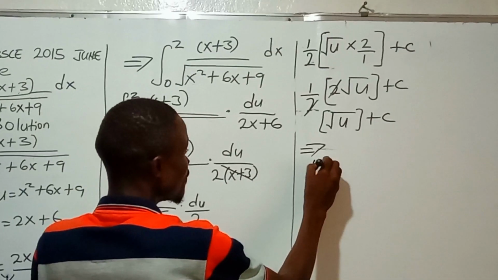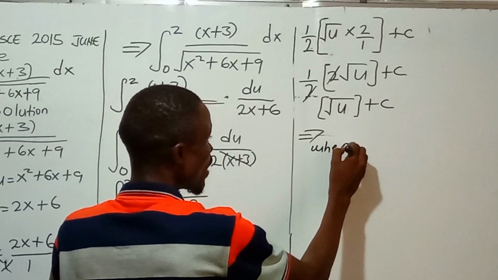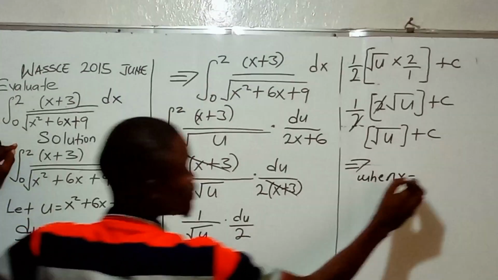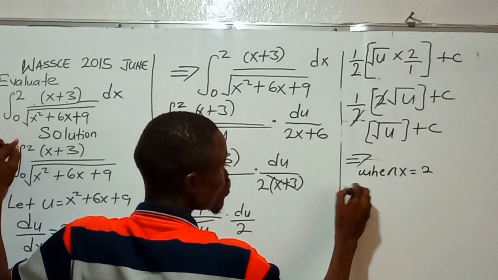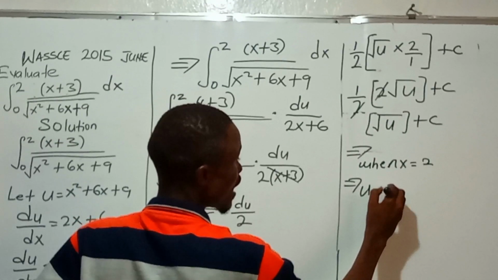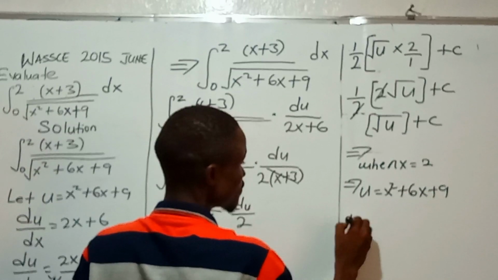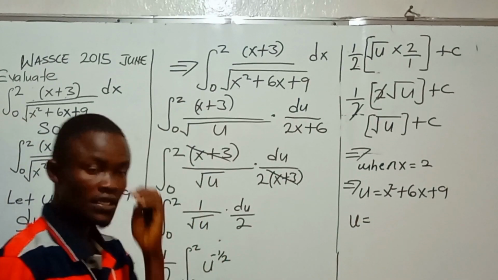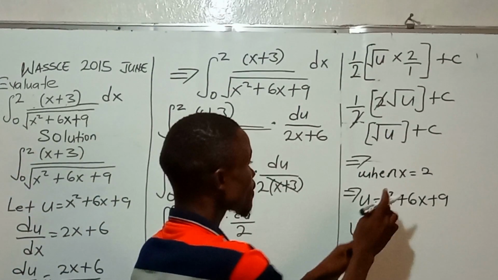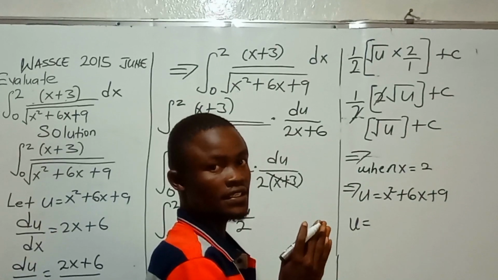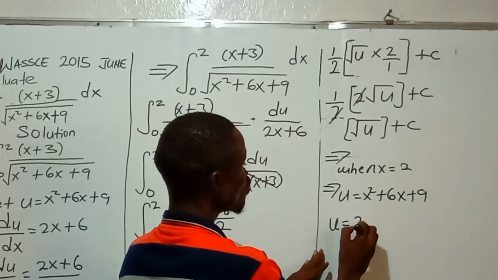Before, we let u be equal to x squared plus 6x plus 9. When the upper limit is 2, we have u equals x squared plus 6x plus 9. Wherever you see x, you write 2.